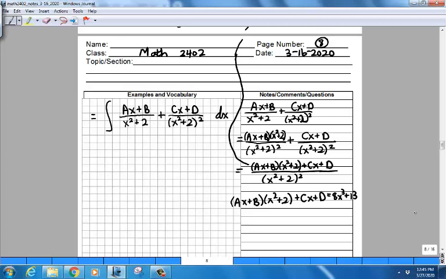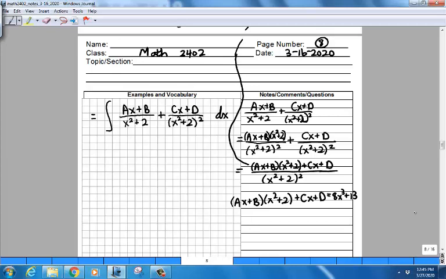In the prior examples, I would choose a strategic value for x and substitute, hoping that some terms would drop out and I would be able to deduce what some of these values are. That strategy is not as useful in this example, so we're going to try something different here.